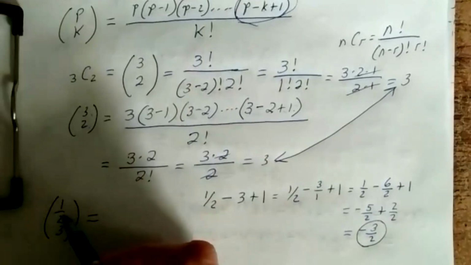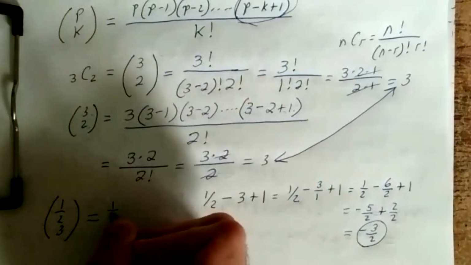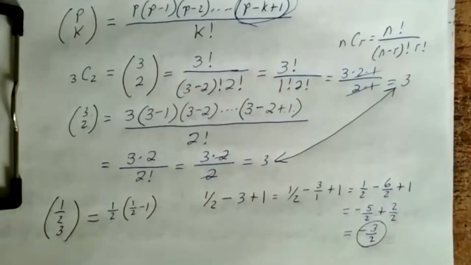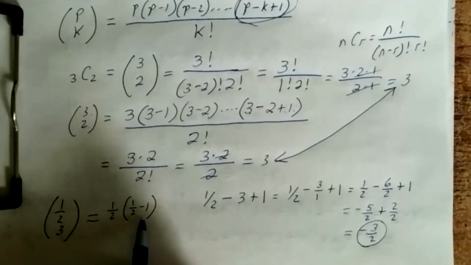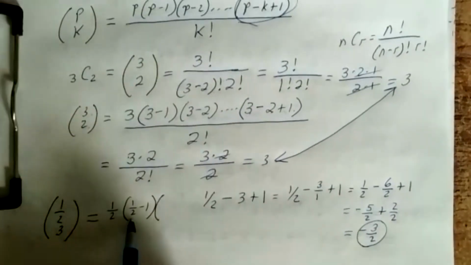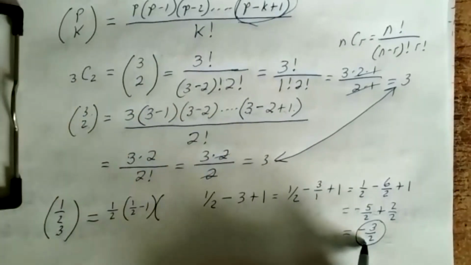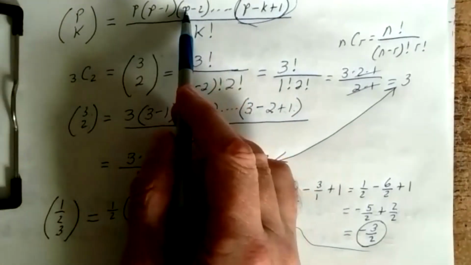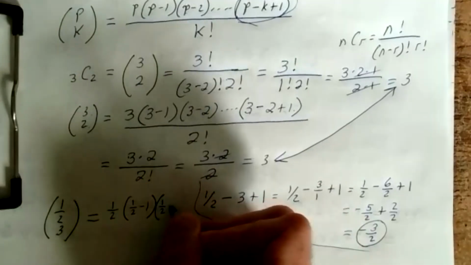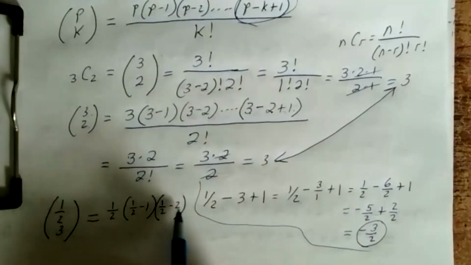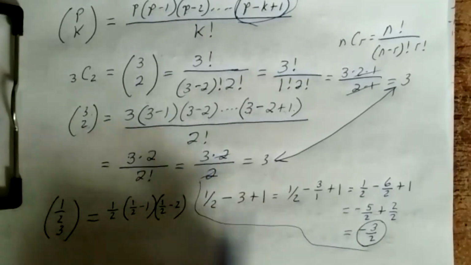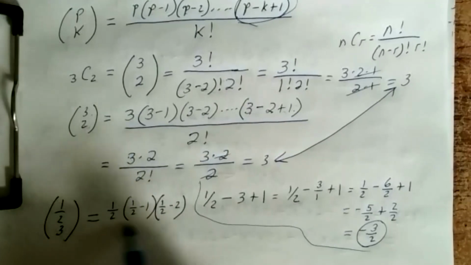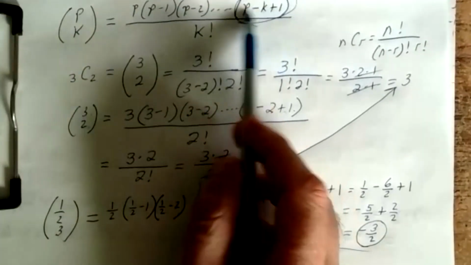So here we go. We start with P being 1/2. We have 1/2 times (1/2 minus 1), and you agree 1/2 minus 1 is negative 1/2. We don't stop here because negative 1/2 is not our stopping point of negative 3/2. We have to go one factor more. 1/2 minus 2 would be my stopping point of negative 3/2. So my numerator expansion just goes out to this, because again, this tells you where to stop.